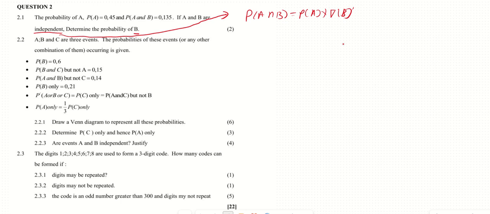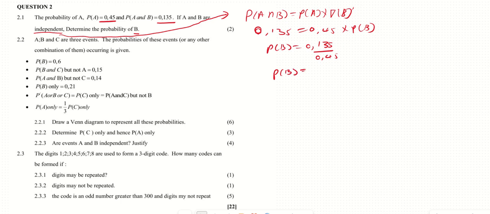So now probability of A and B is given by 0.135. So it equals probability of A, which is 0.45, times probability of B. So then probability of B is equal to 0.135 divided by 0.45.